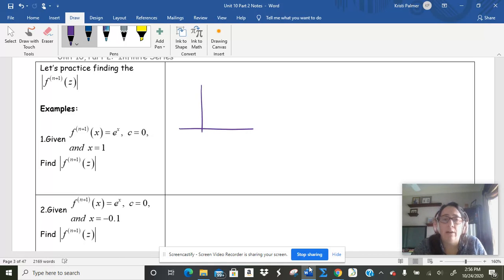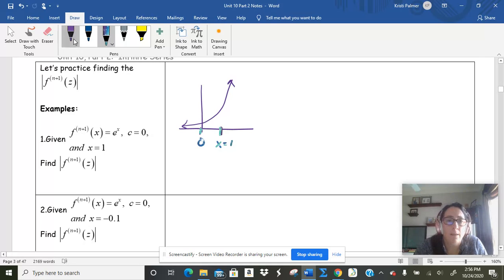And so I'm going to go ahead and graph this e to the x. And they said that we were centered at 0. And then they gave me an x value of 1.